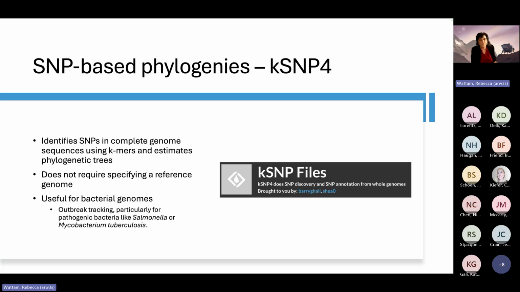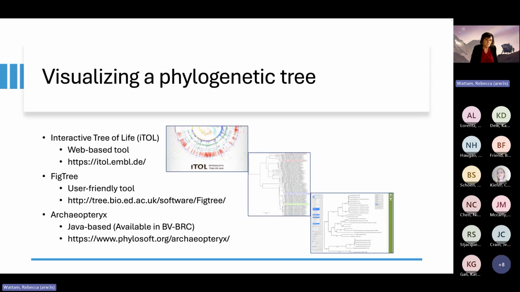And it's been very helpful for looking at outbreak tracking, especially in Salmonella and Mycobacterium tuberculosis. People really like this thing. I haven't used it yet, but the bioinformaticians on our project have been looking at it, and they give it 2 thumbs up.